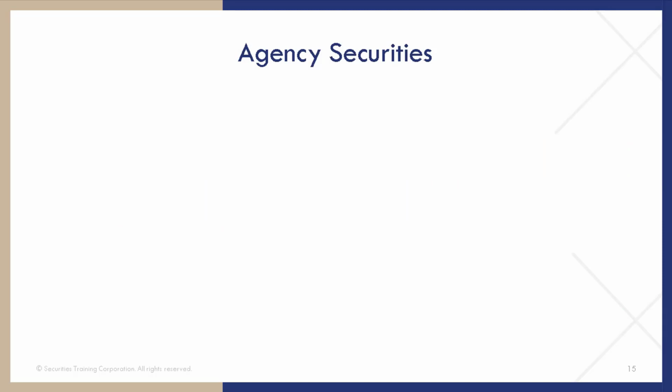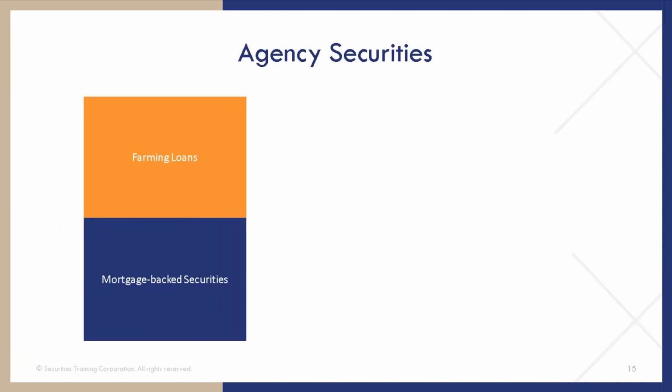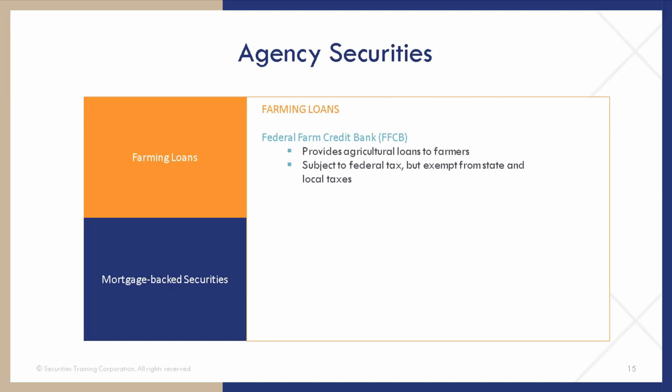Now, what type of government agencies are there? Well, there's government agencies involved in farming loans. There's government agencies involved in the mortgage arena that play an important role with mortgage-backed securities. First, the farming. This is generally done by the Federal Farm Credit Bank. They provide agricultural loans to farmers.